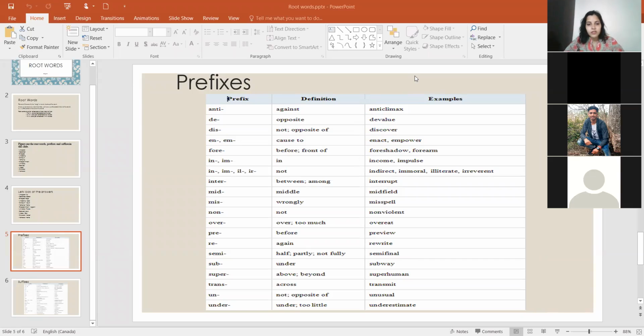So yes, since one of you mentioned the word entertainment, entertain is a word in itself, right? So there is no root word in this word entertain. Similarly for enjoy, enjoy is also a word in itself. Yes, embitter and empower, these are two correct examples.